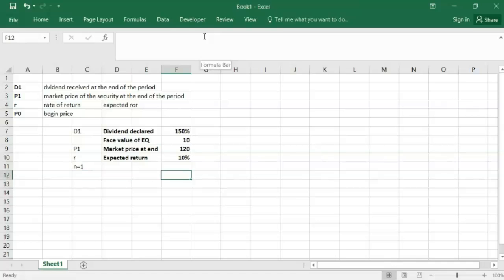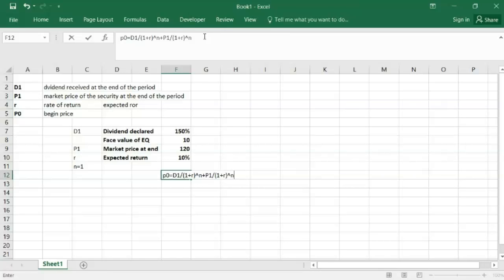So how is P0 calculated? P0 is calculated on the basis of D1 divided by (1 plus r) to the power n, plus P1 divided by (1 plus r) to the power n.